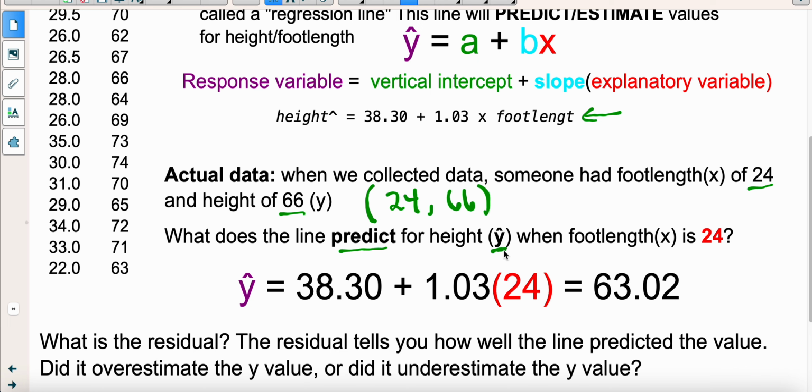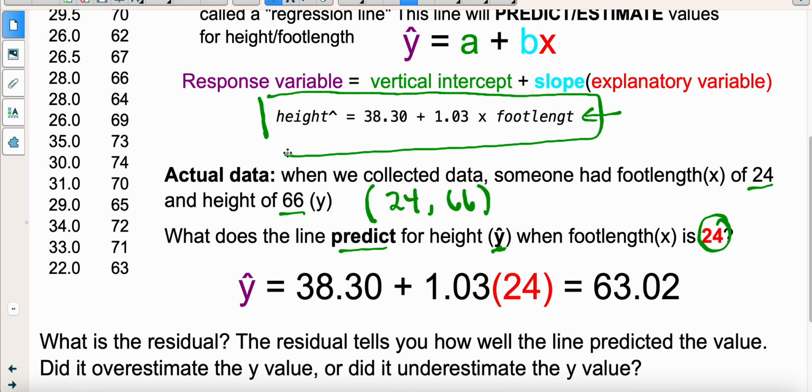We got this best fit line. What does the line predict if someone had a foot length of 24? Well, I just used this line, okay? My estimated Y value, or my estimate for height, is equal to 38.3 plus 1.03.